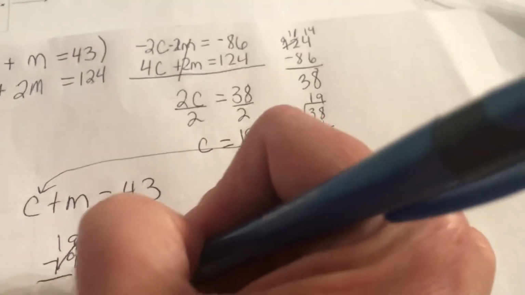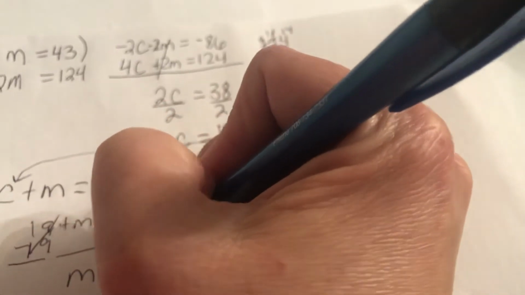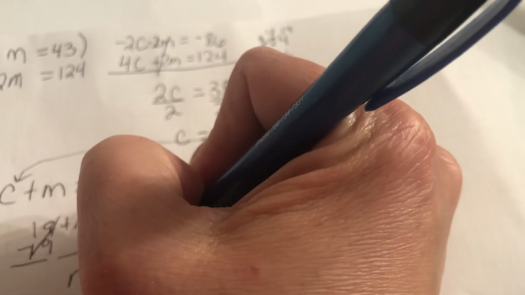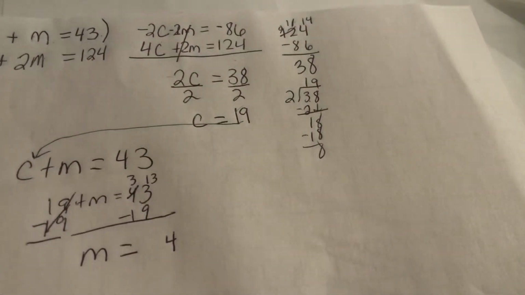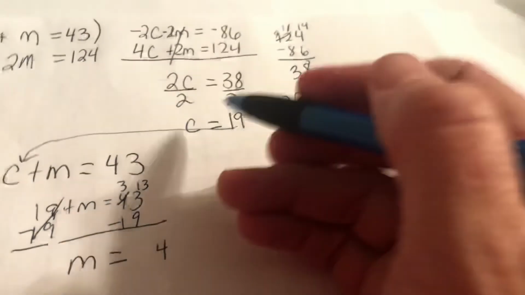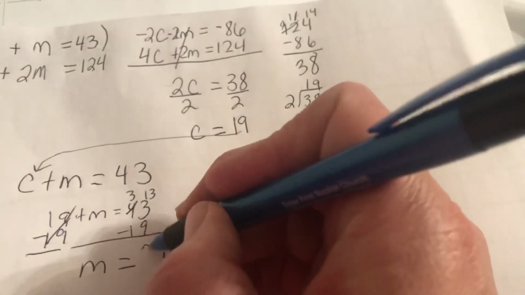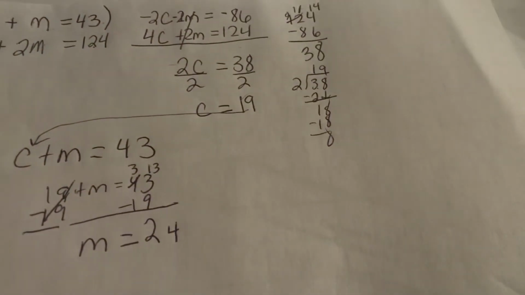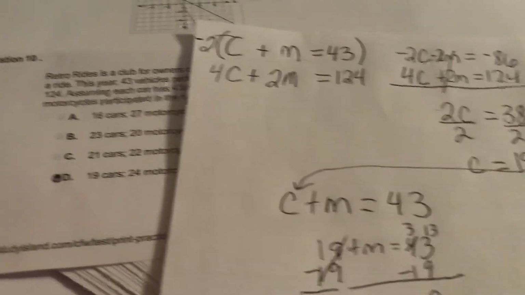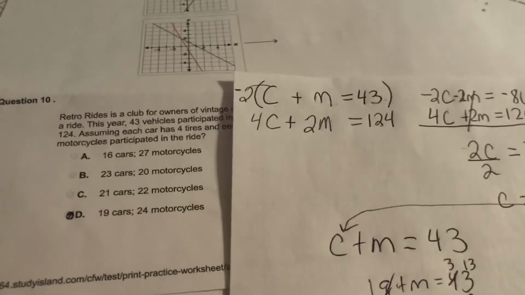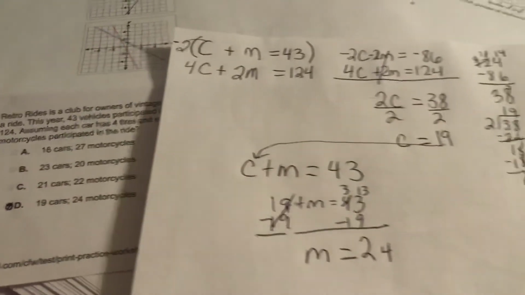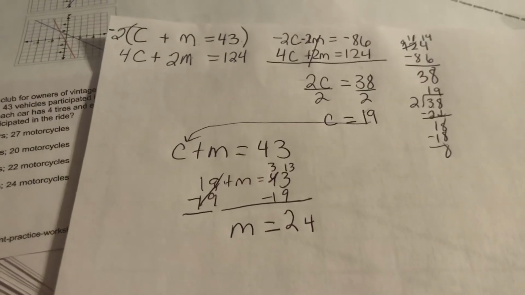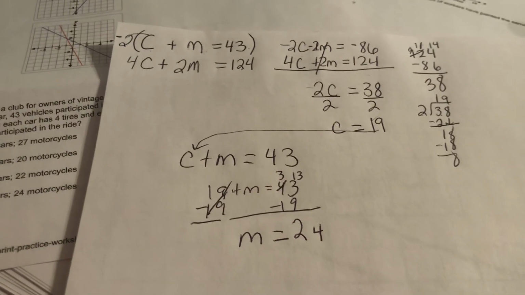So M equals, again, I'm going to regroup. So I get 4. So I'm going to say 13 minus 9 is 4. And then 3 minus 1 is 2. So yes, I did get 24 for motorcycles. So our answer is D. So again, this is how you would solve it with elimination.